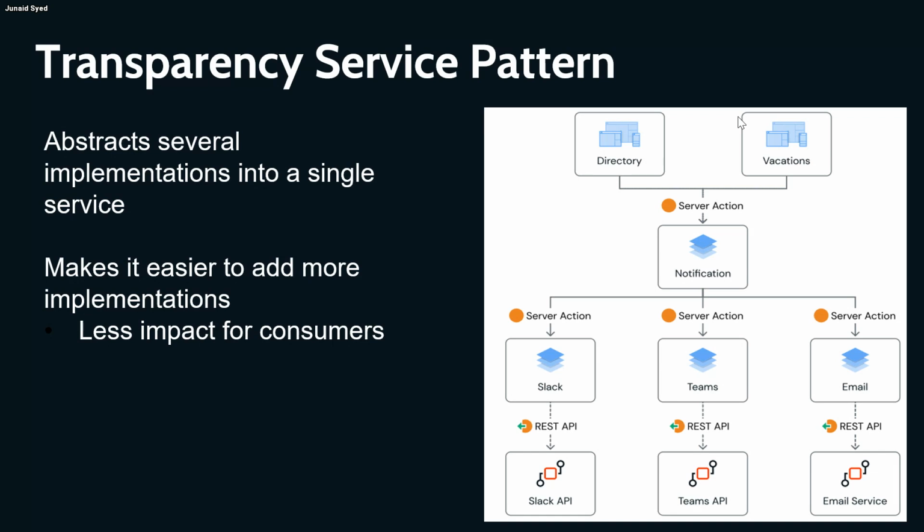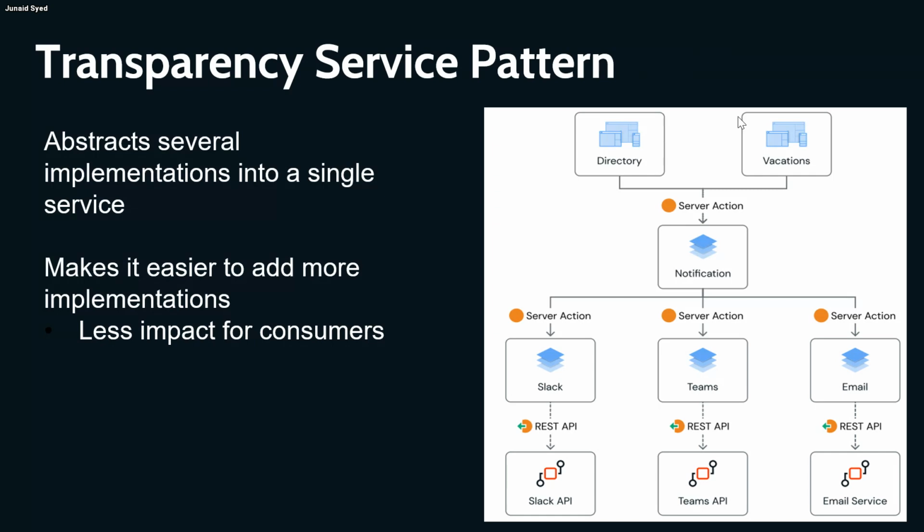So this way, we introduce more abstraction for the end users, the applications which are the consumers of those third party integrations. Here we are obviously abstracting several implementations into a single service.